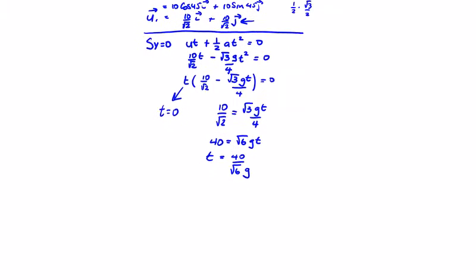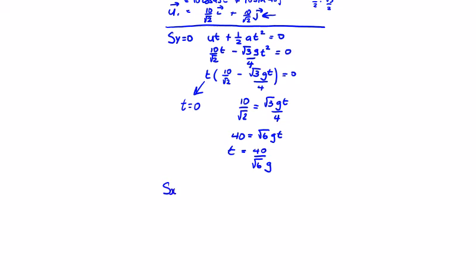So now we need s of x. S of x at t equal to 40 over root 6g. So s of x, we had 10 over root 2 as well up here.